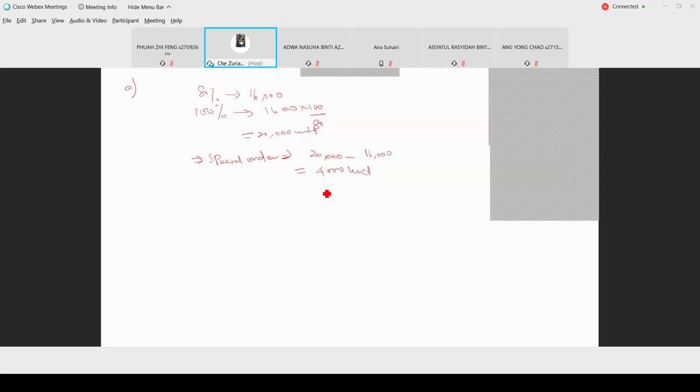Okay, only 4,000 units. And then the price, the foreign company offered price, so means that the normal operating price or current selling price you can get from 320,000 divide 16.